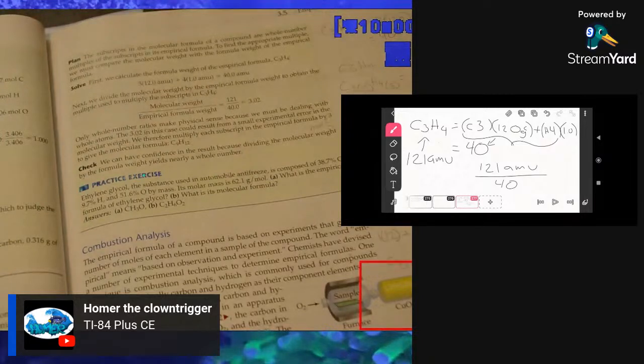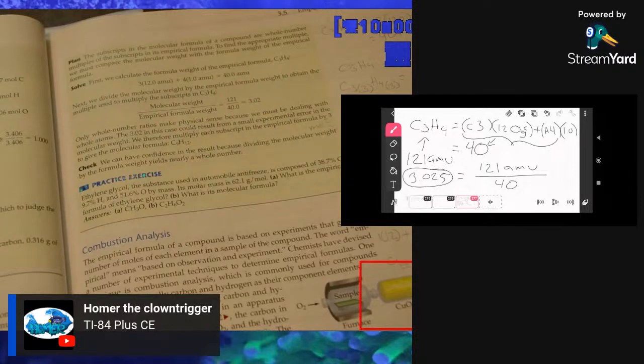And that's going to equal, I'm getting 3.025 based on my notes. You get this number right here.